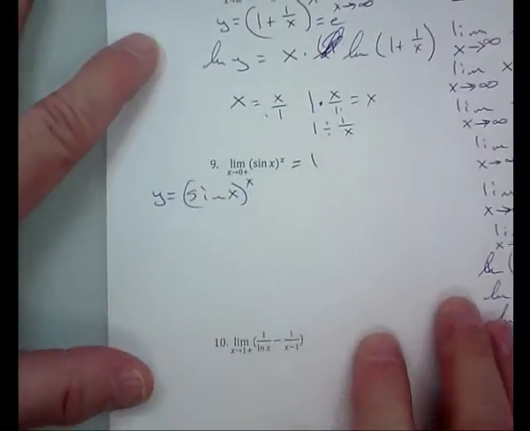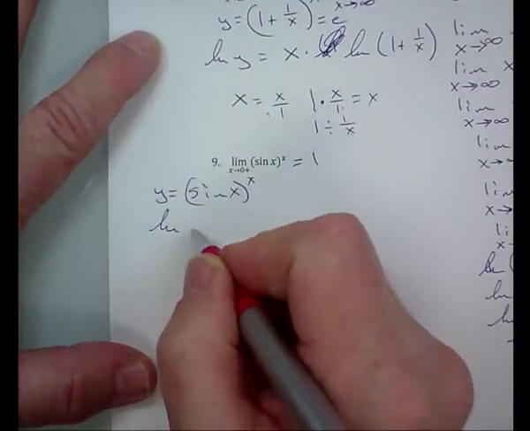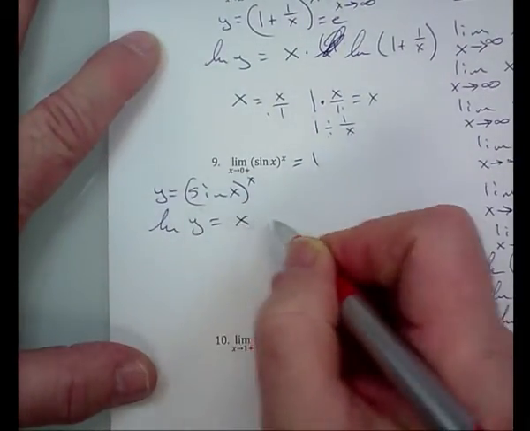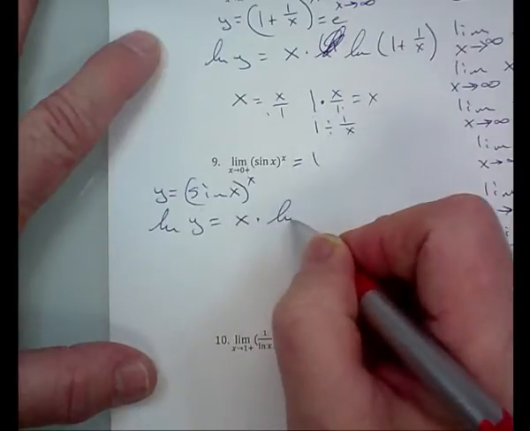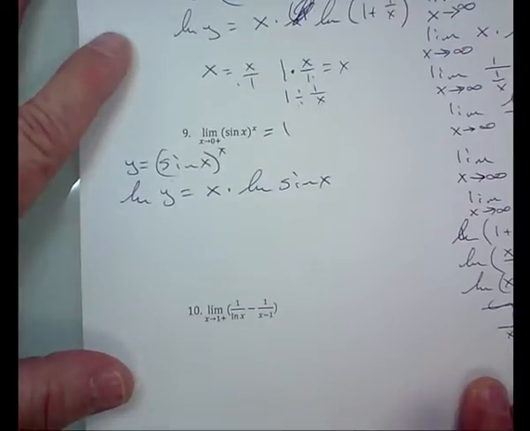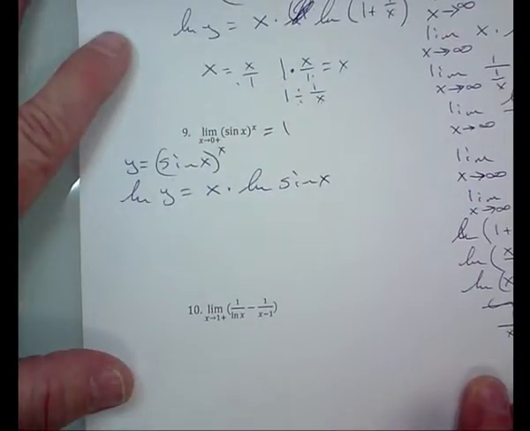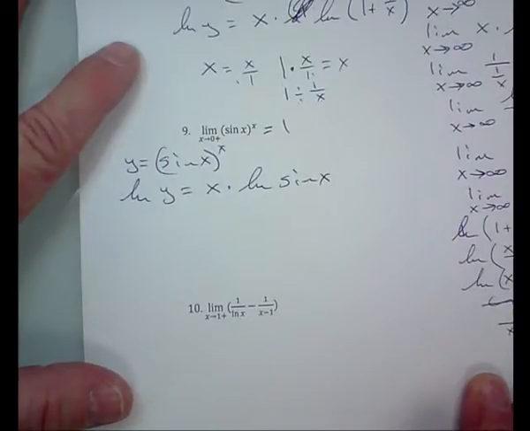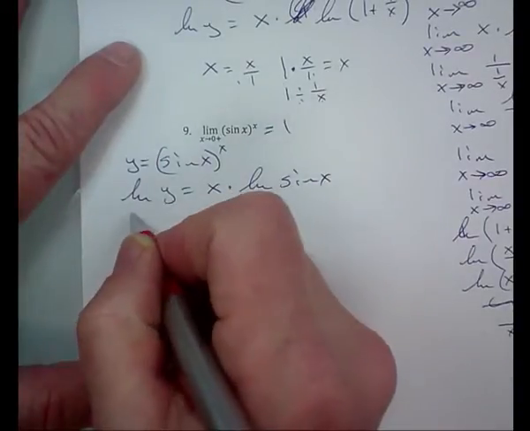So I'm going to take the natural log of both sides, and then take the limit of that.